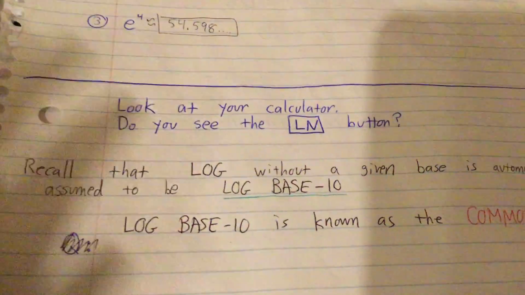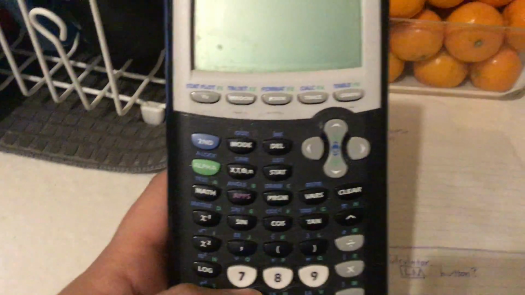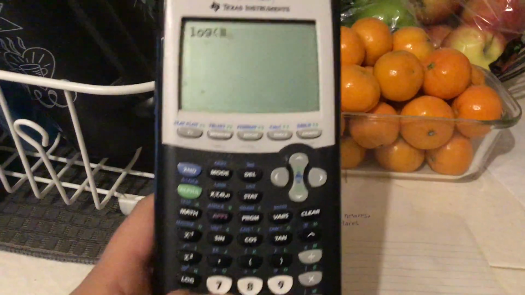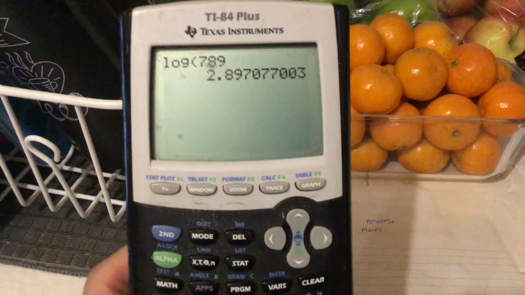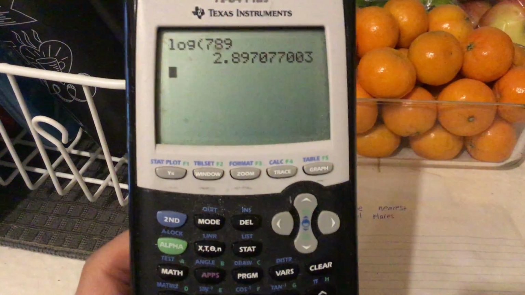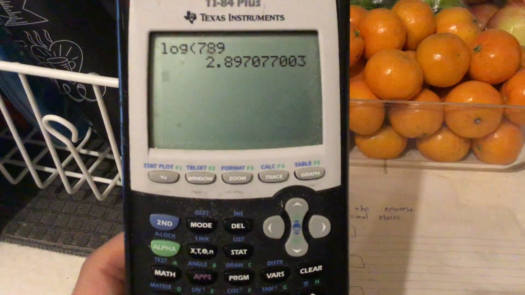So we use the log button right over here to calculate base 10. So log base 10. So if I want to calculate log of 789, it's saying 10 to what power is 789? Well, apparently 10 to the 2.897 power is 789-ish.